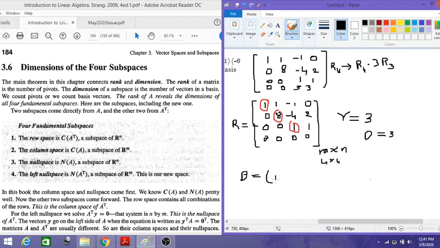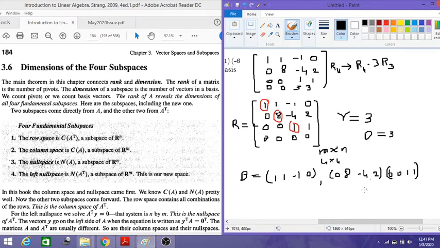The non-zero rows are 1 1 -1 0, then 0 8 -4 2, and the last row is 0 0 1 1.